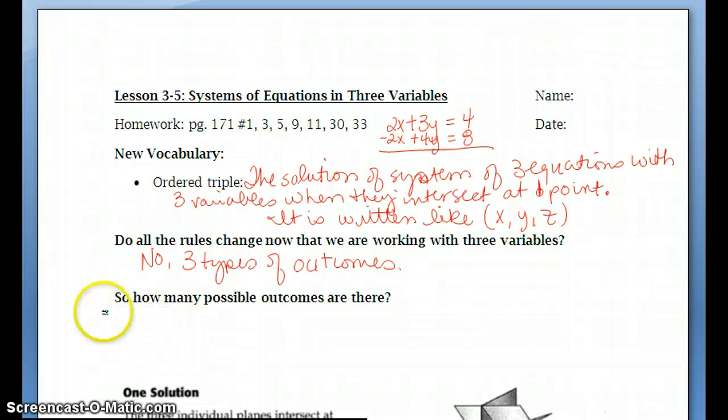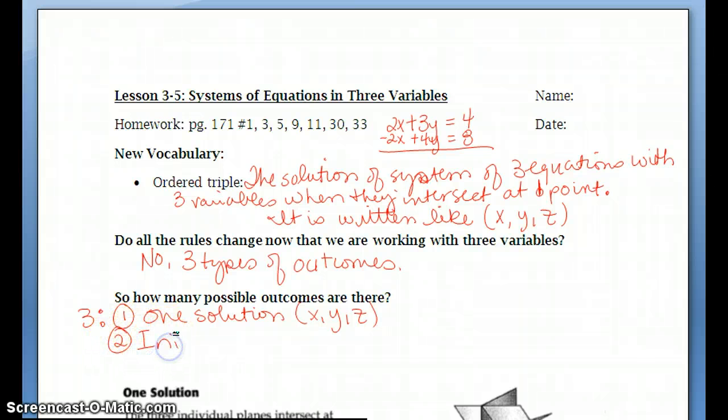One solution, and that's what I was just telling you about, the x, y, z solution. Two, it could be infinite solutions. If you recall, that was one of our options. Or three, it could be no solution at all. No solution where all three of them intersect.